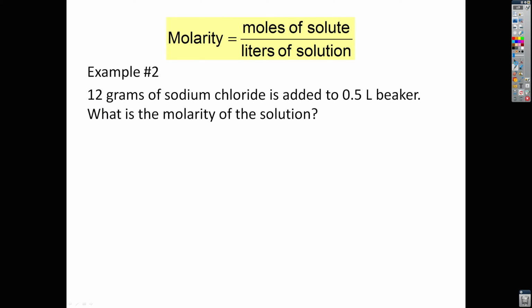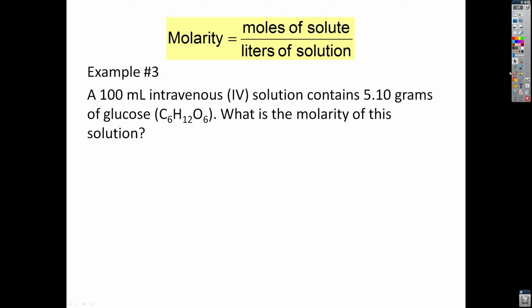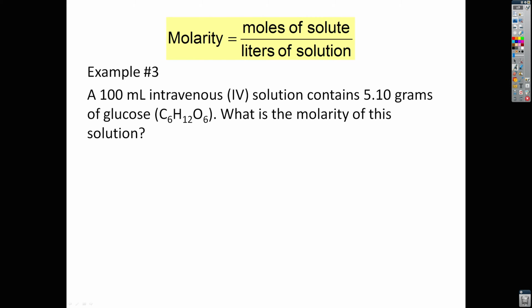Okay, third example. I have a 100 milliliter solution containing 5.1 grams of glucose. What is the molarity? So again, I have to convert my grams to moles. That's one thing that's not given to me, so I have to do some conversion.